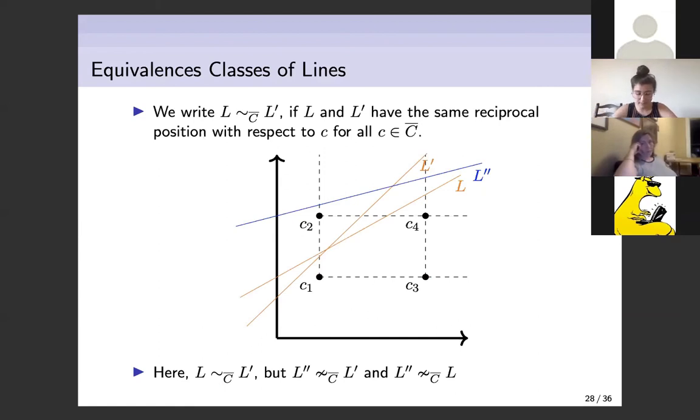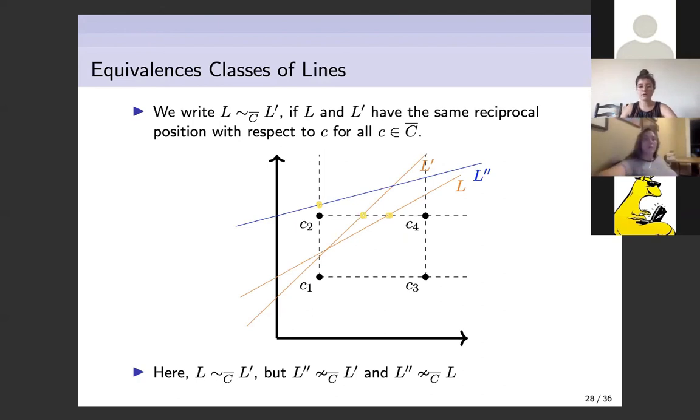This time we have the same lines, but now L and L prime are in the same equivalence class, whereas L double prime is no longer, because L and L prime both intersect the positive cone of C2 along the horizontal boundary face, but L double prime intersects the positive cone of C2 along the vertical face. Okay, so we have two different equivalence classes here.